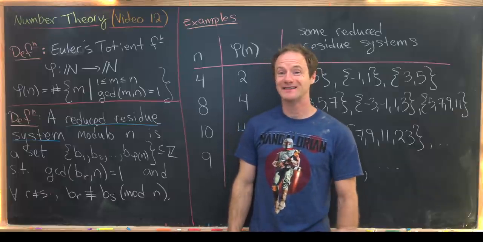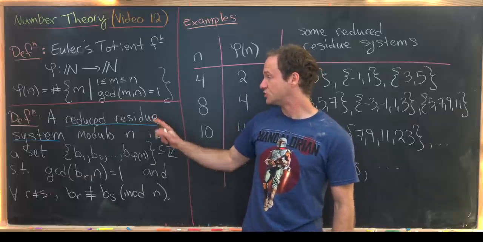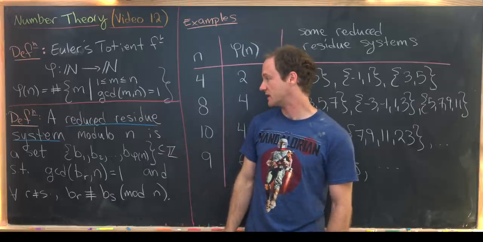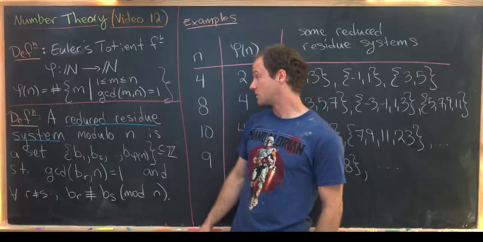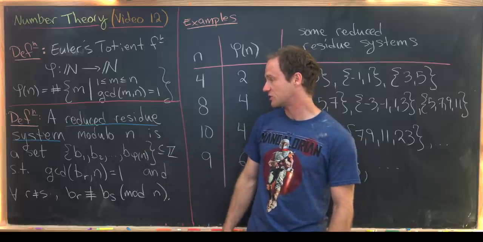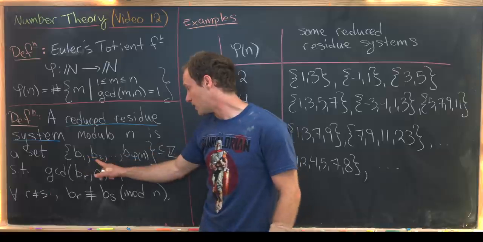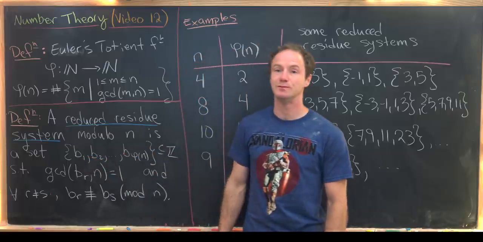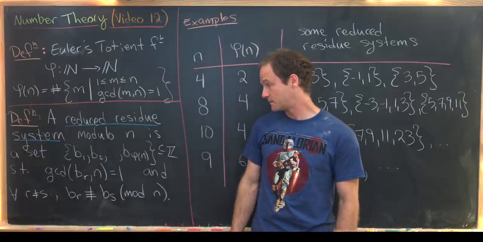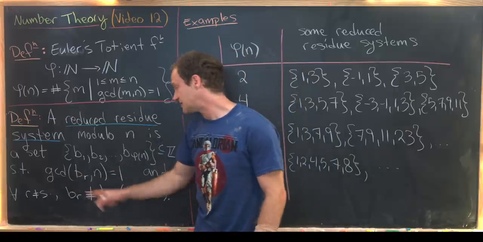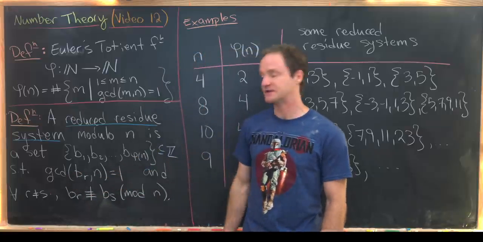Then we want to define something called the reduced residue system modulo n. A reduced residue system modulo n is a set of integers b1, b2, b3 up to b phi(n), such that the GCD of b_r with n is 1.